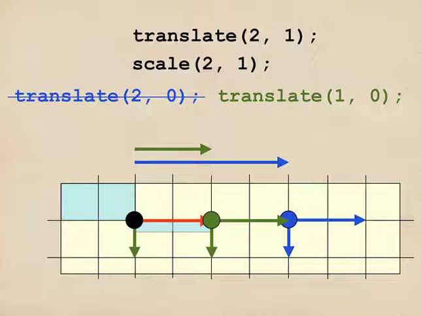So this is the thing to keep in mind. When you've scaled your coordinate system and you then translate, the translation is always with respect to the scaled system. So if your axes have gotten bigger or smaller, you need to adjust the amount by which you're translating. If this seems a little theoretical and academic, don't worry about it.